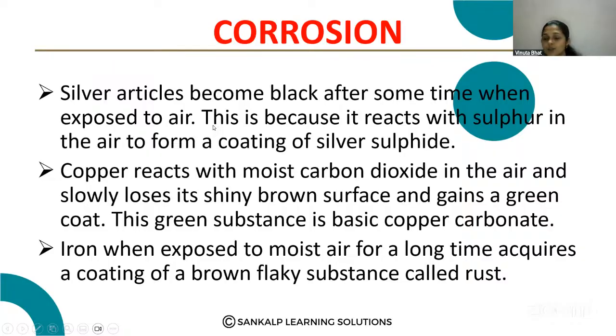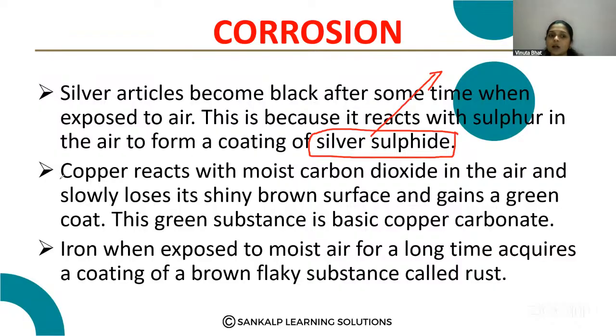Silver articles are commonly used in your homes, and if you keep them outside they will become black. This is because the sulfur in the air reacts with the silver and forms silver sulfide. Because of this silver sulfide, a black coating is formed on the silver.